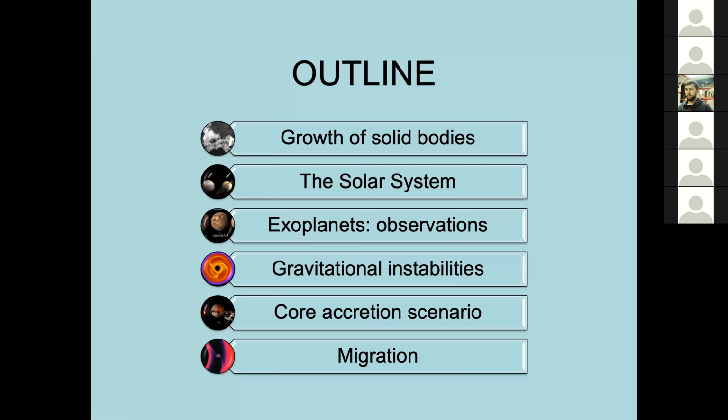For the formation, we will focus on gravitational instabilities and the core accretion scenario, which are the two models that are currently both valid and both wrong. Maybe both of them are true together, so there is still some struggle to understand which one is better. And then if there is some time, a little bit about migration.